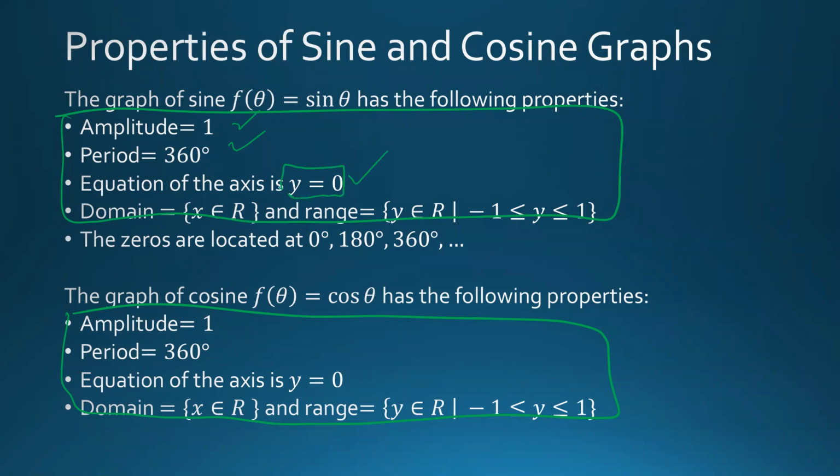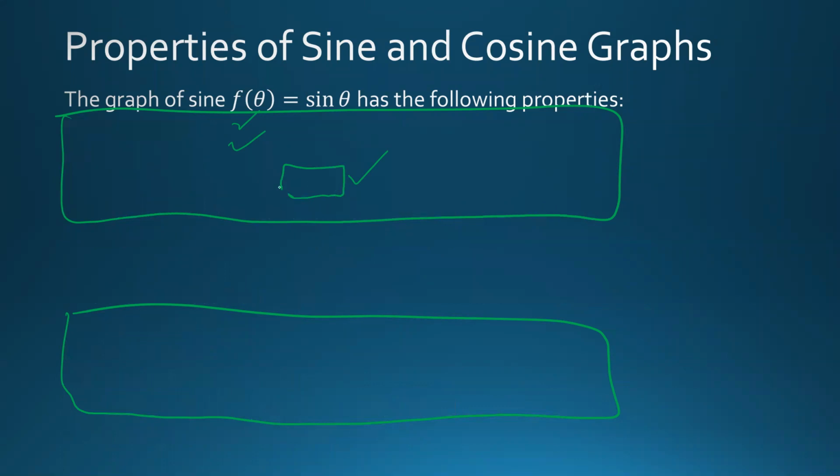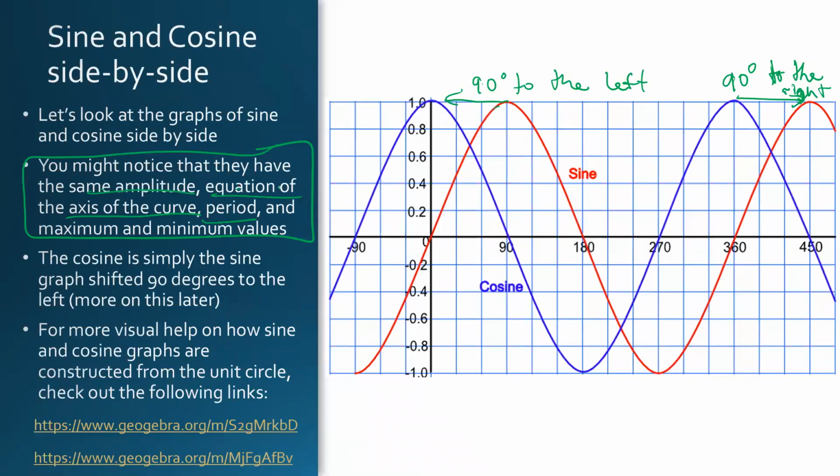And again, why is that the case? Well, if we go back to our graph here, you can clearly see that the horizontal line that goes right between the maximum of 1 and the minimum of -1, so the horizontal line going straight through them, is 0, right? We can see here that the period, as I mentioned already, is 360 degrees because it starts at 0, 0 for the sine graph and ends at 360 degrees and 0.